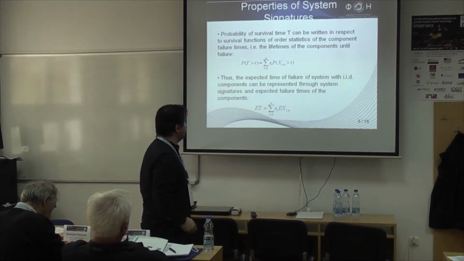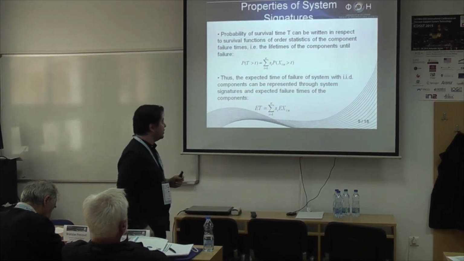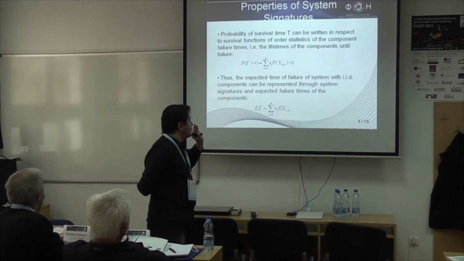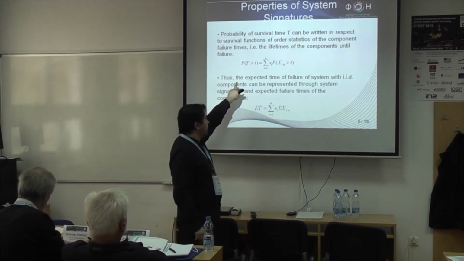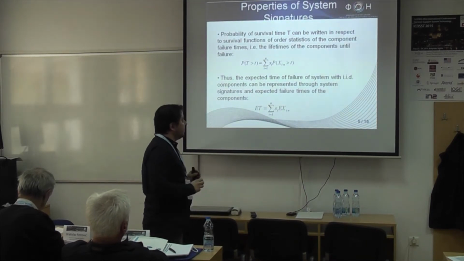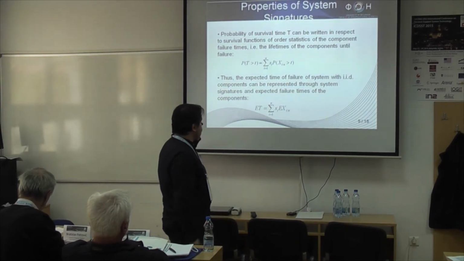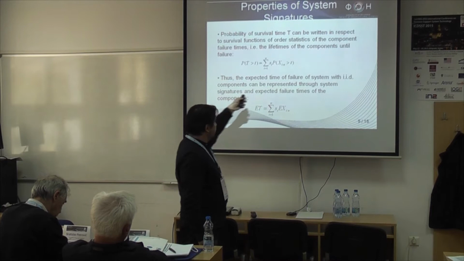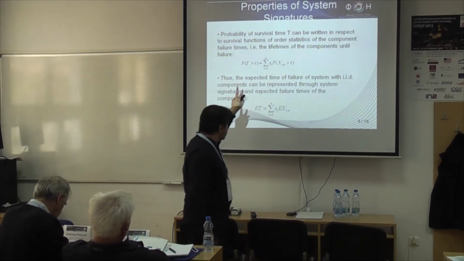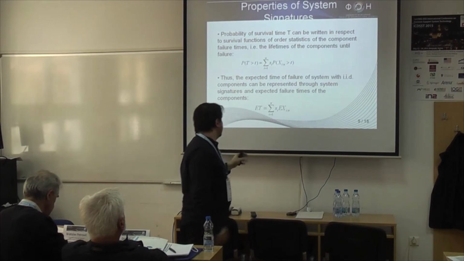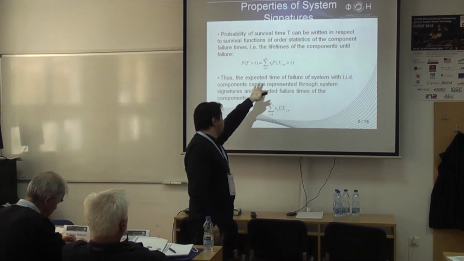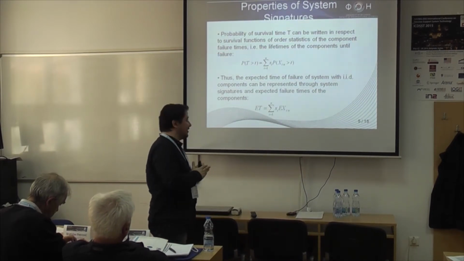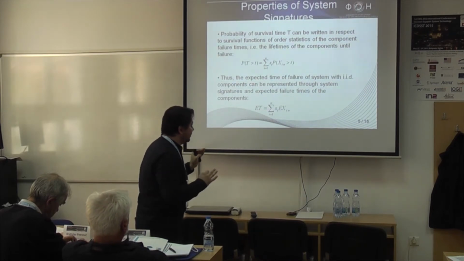There are some properties of the system signatures. If T here is the survival time of the whole system, we could take the sum of the signatures and the expected time of the system failure, or the probability that the statistic is bigger than the time of failure of an individual component.